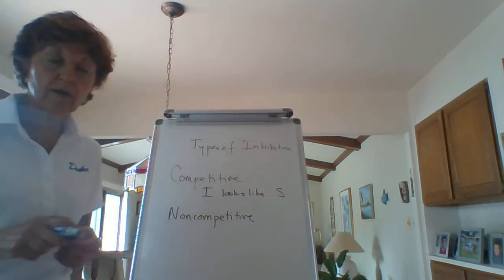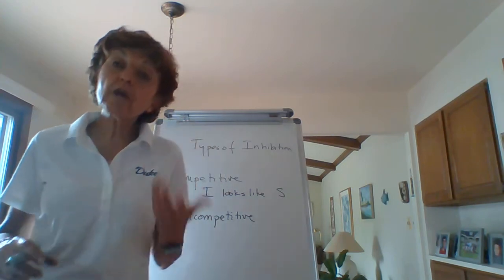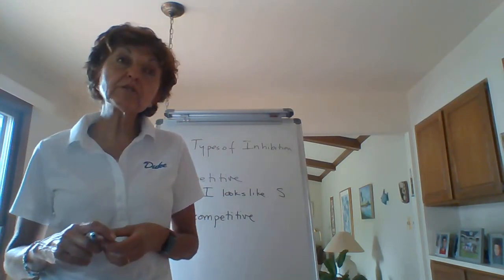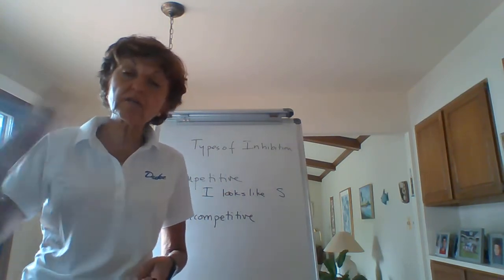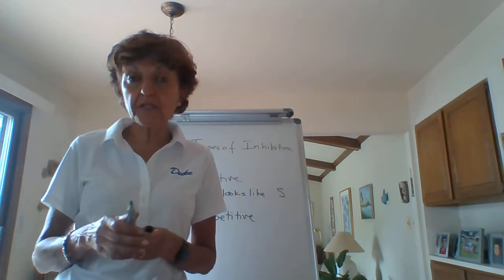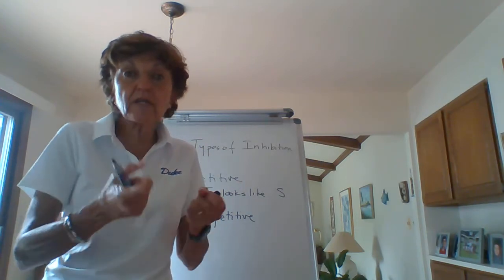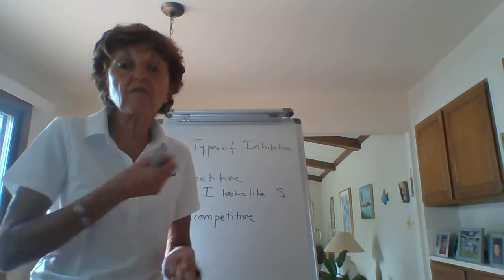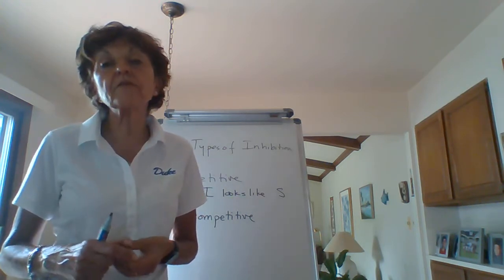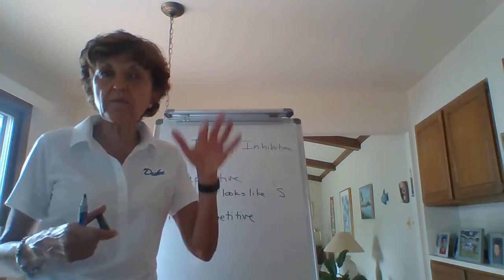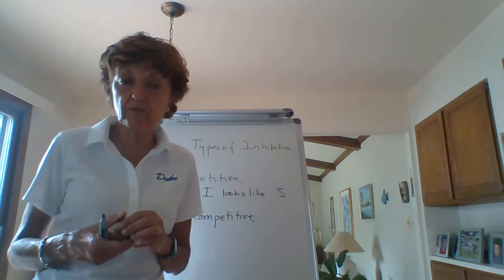To overcome competitive inhibition, sometimes you just have to bombard the system with tons and tons of substrate. Then the substrate is more than the inhibitor, it competes and binds there more often, and you can diminish the effect of the competitive inhibitor.